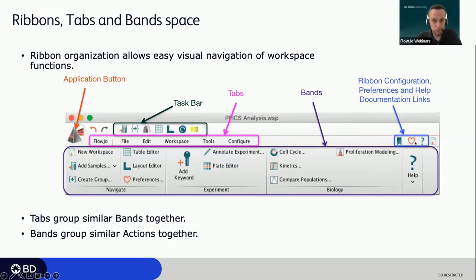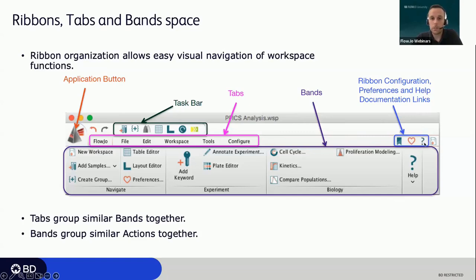Preferences in FlowJo, you can change everything and anything in FlowJo. If you don't like the font, you can change that font. If you don't like the default dot plot, which is a pseudo color, you can change that for a contour plot or a classical dot plot. That's where you need to click to change.